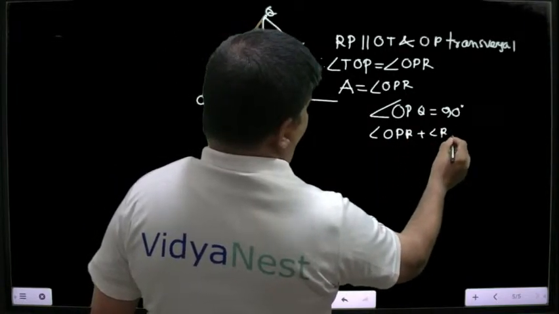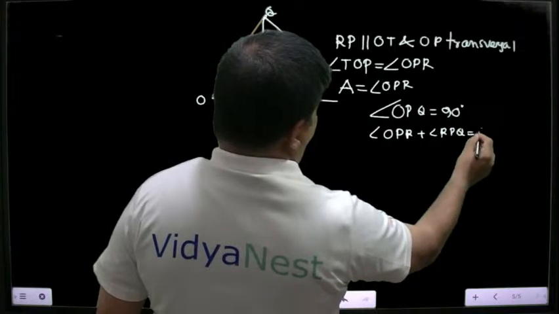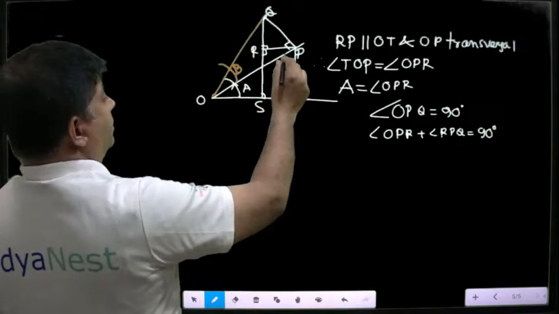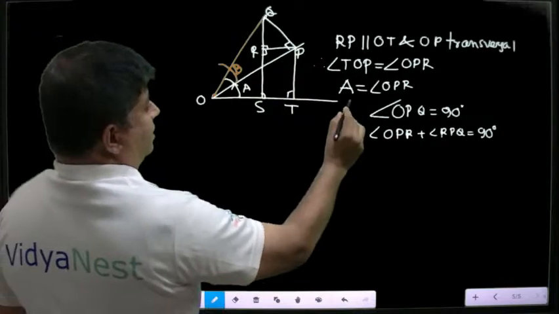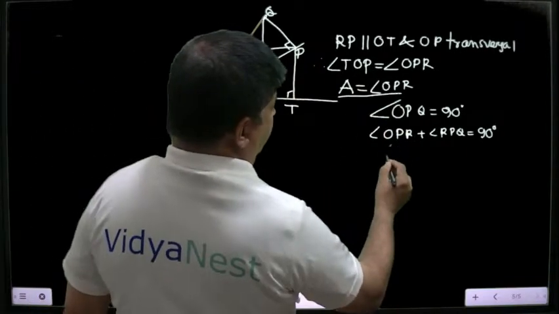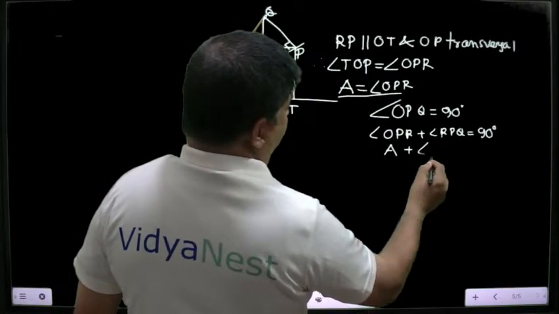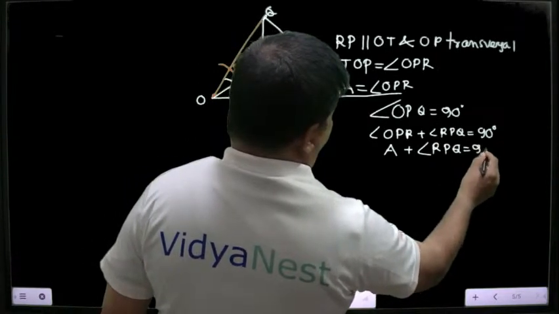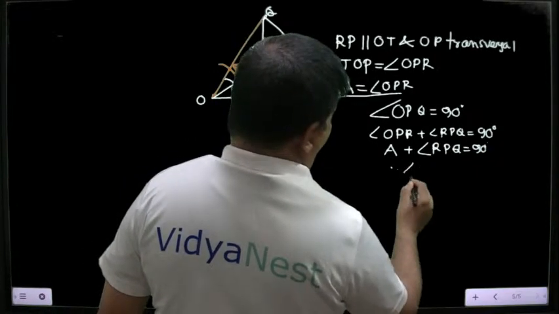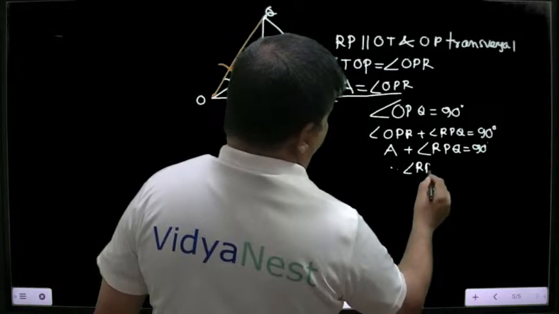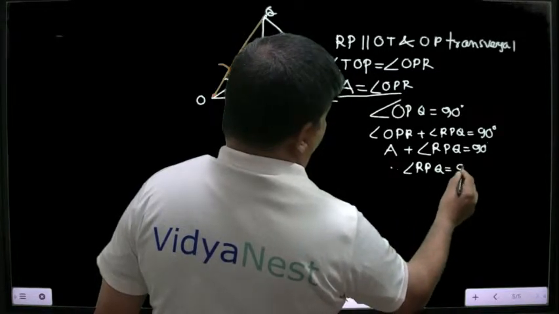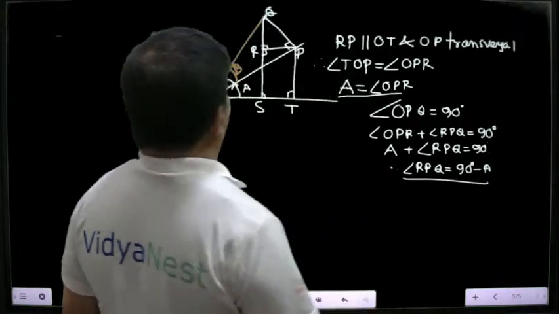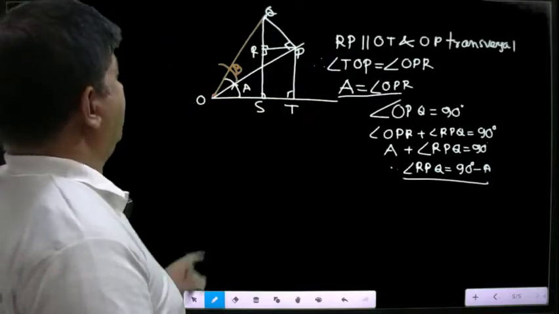Now OPR is what? Just now we got A, put here. Therefore, RPQ will be found 90 minus A. That is RPQ.